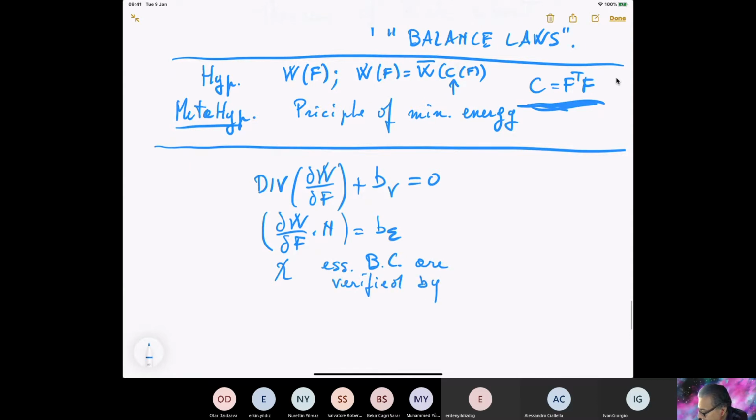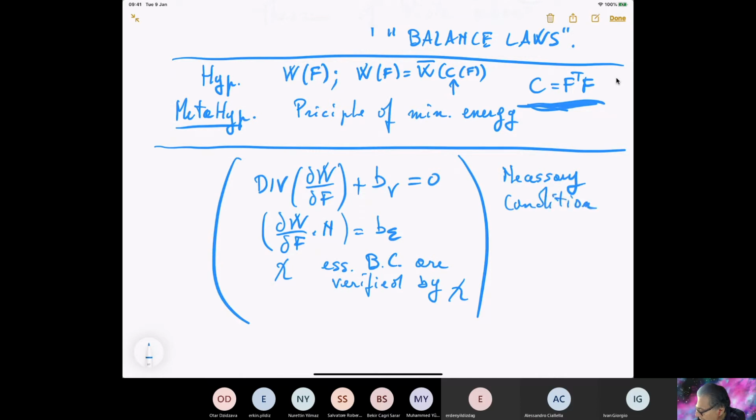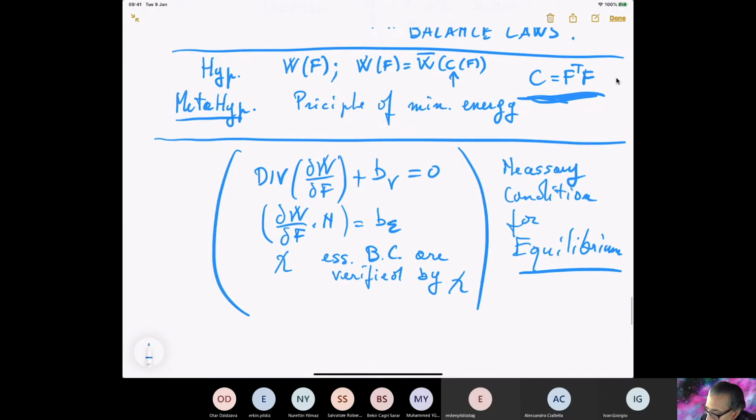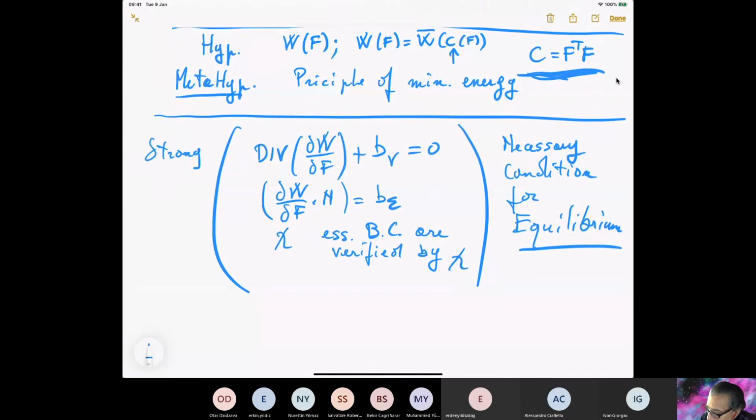We have that this is a necessary condition for equilibrium. And we have called this the strong formulation of equilibrium equations.